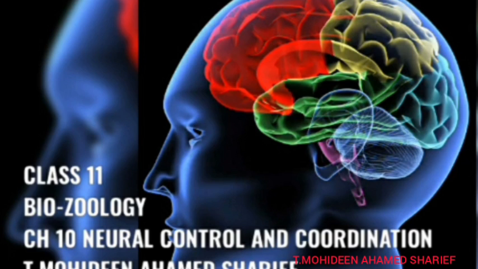the spinal cord. The spinal cord is a long, slender, cylindrical nervous tissue. It is protected by the vertebral column and surrounded by the three membranes of the brain.